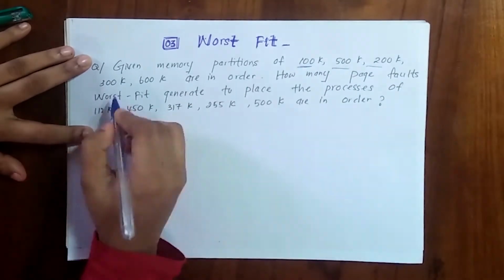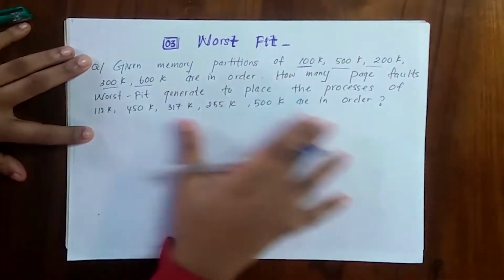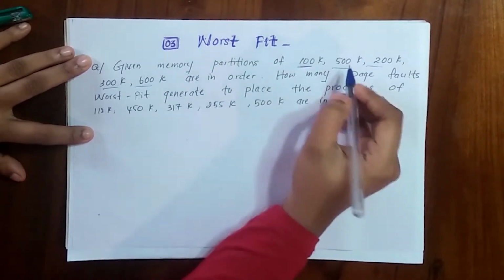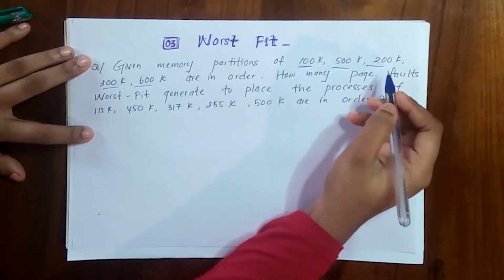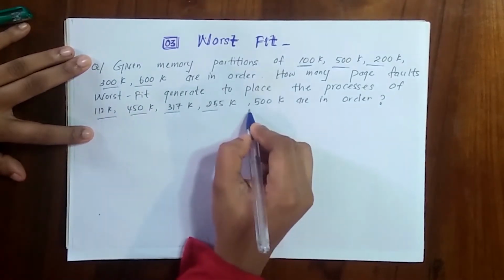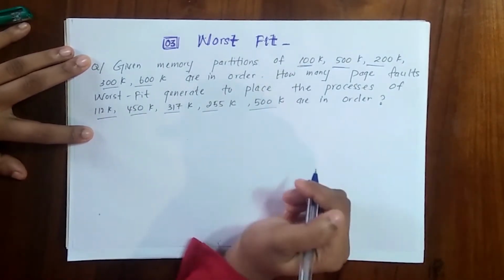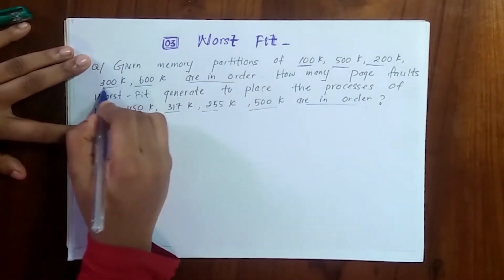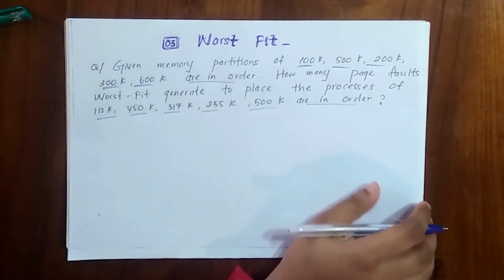5 partitions. No need of repeating the question, so I'm going straight to the answer, and 5 processes, right? And both are in order. And now let's draw the table.